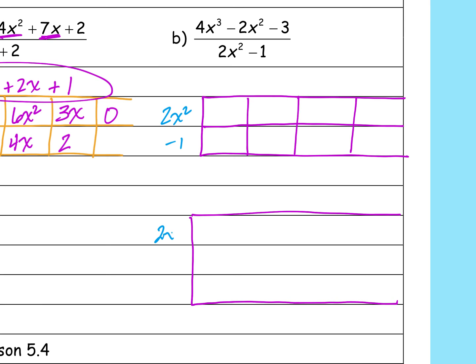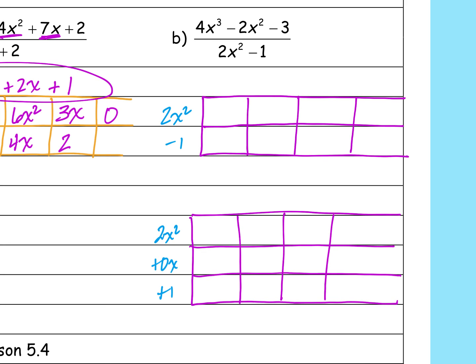Because I can have 2x squared plus 0x plus 1 because I want to have maybe all the x's in there from x squared all the way down to no x's. Either way, I'm going to get the same answer, and I might do it both for you guys both ways so you can see what it looks like, and then you can choose which way you like the best. Does that make sense?